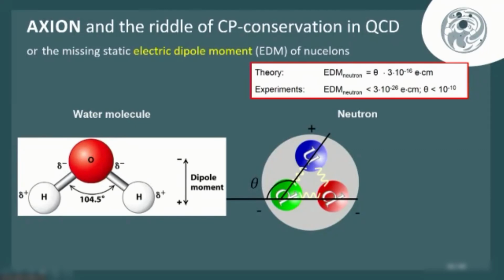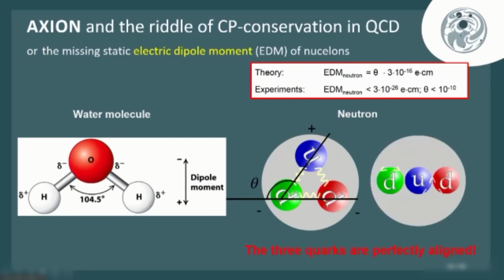Physicists will never be able to tell you that it's exactly 0, but it's just below our sensitivity, and it's below 10 to the minus 26 in its units. That implies that the angle is smaller than 10 to the minus 10. I would call it 0.